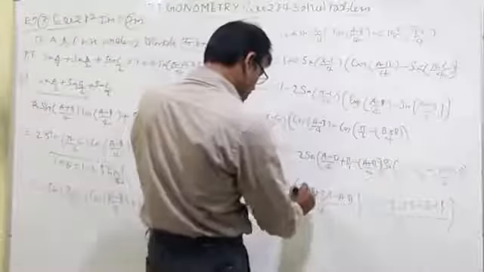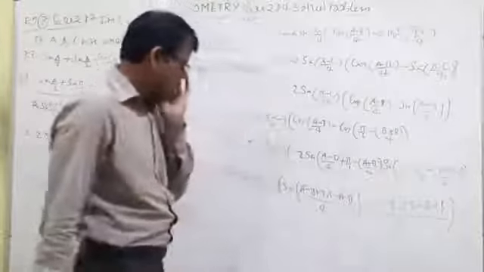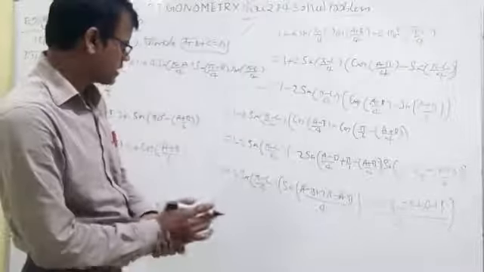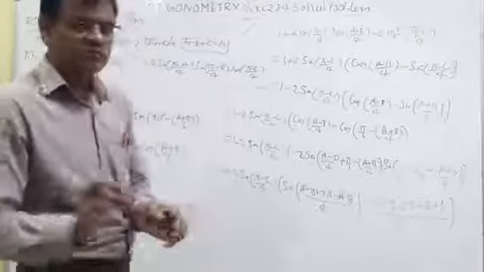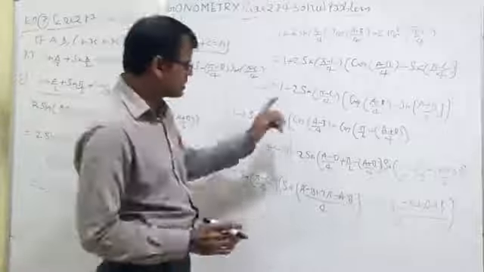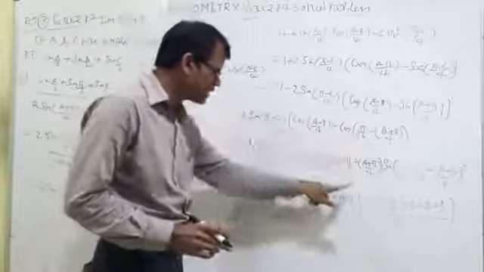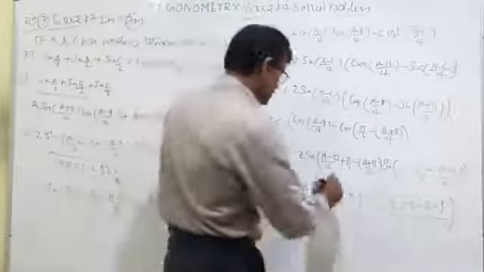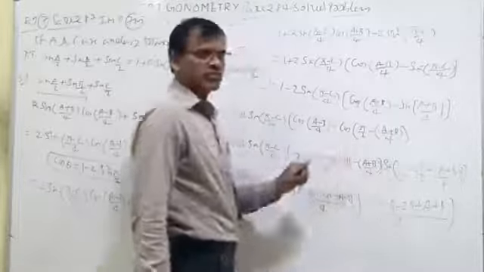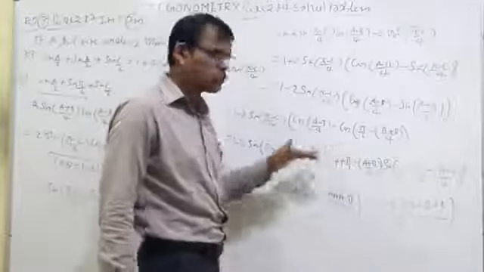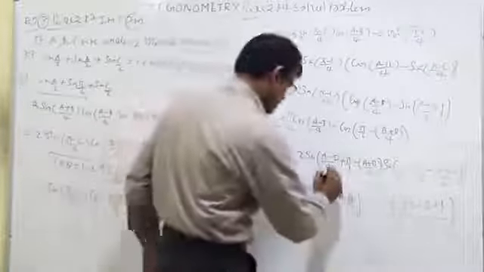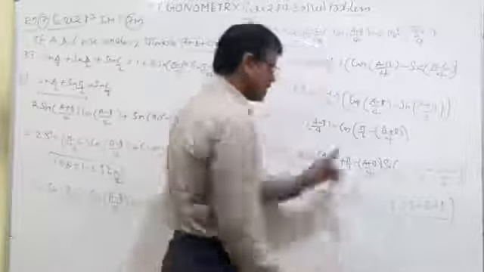What is happening here? Here a minus a getting cancelled. Some mistake I done. The mistake is 2 sin c plus d by 2 whole by 2 formula. Because cos c minus cos d formula minus 2 sin c plus d whole by 2 and sin c minus d whole by 2.